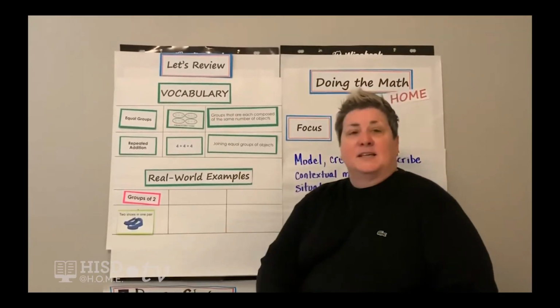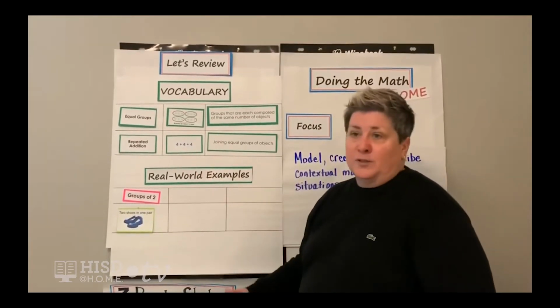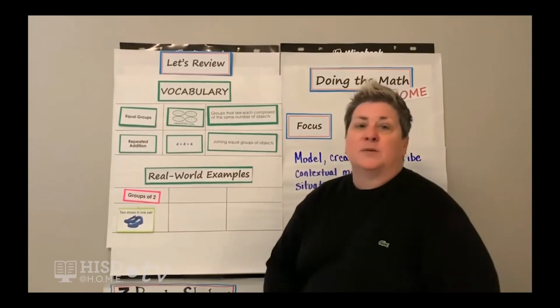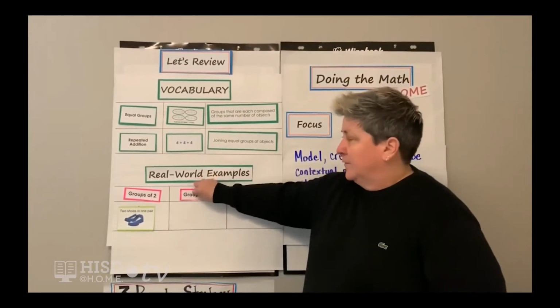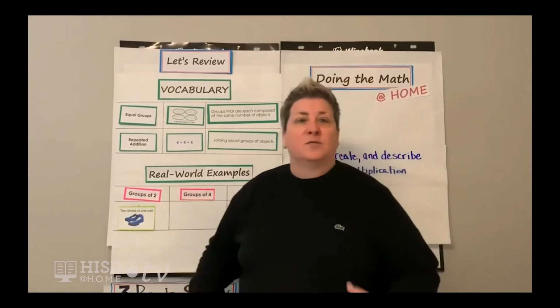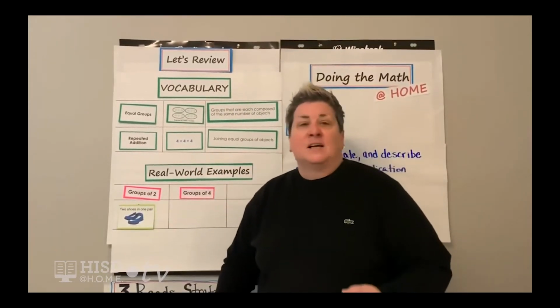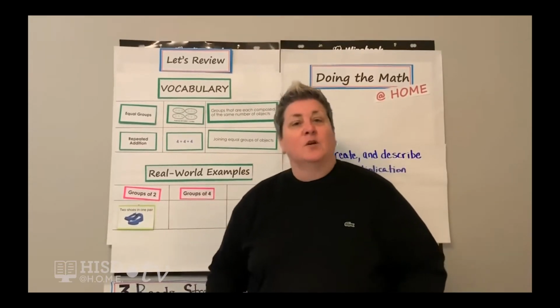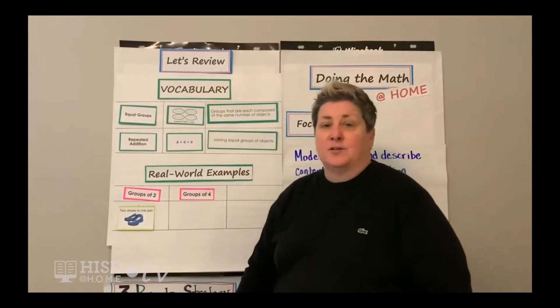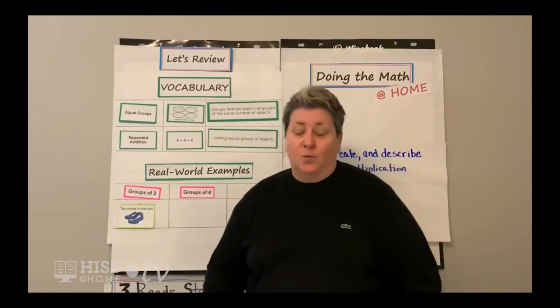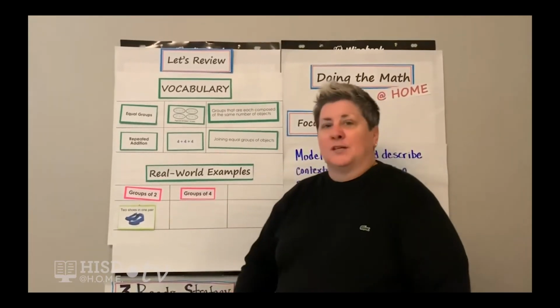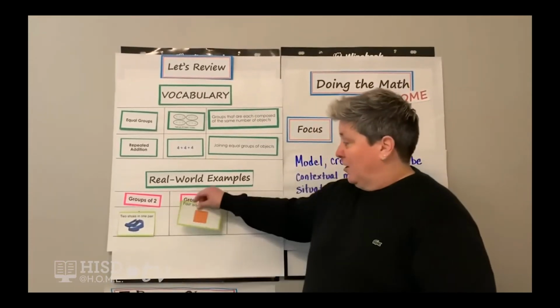The next thing I think about when I think about real world examples are things that come in groups of 4. So I'm wondering what you think of when you think of things that come in groups of 4. I think about the legs on a table or legs on chairs. Those things come in groups of 4. But I also think about a square.